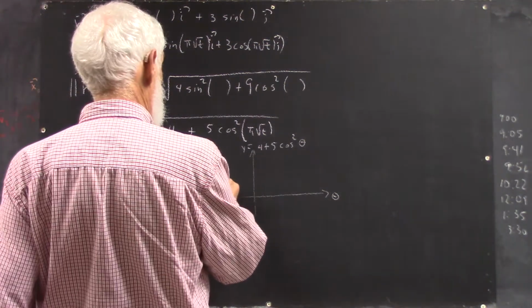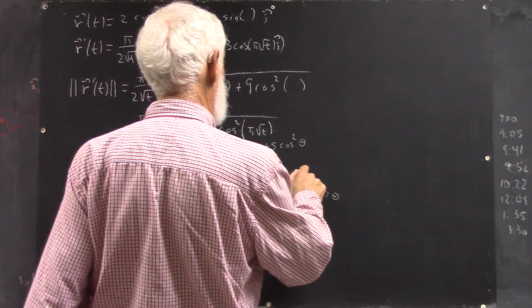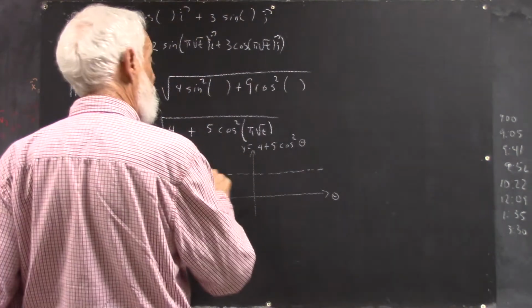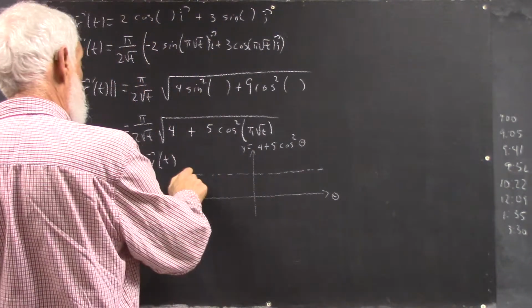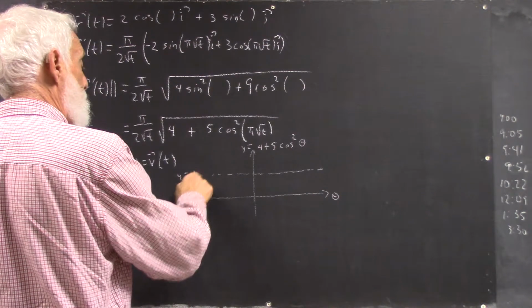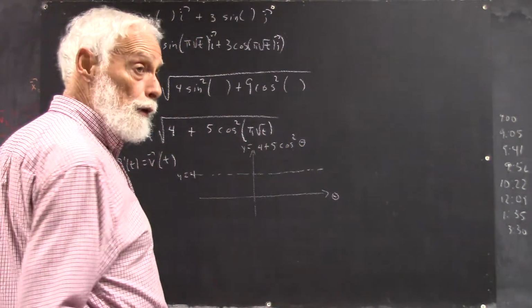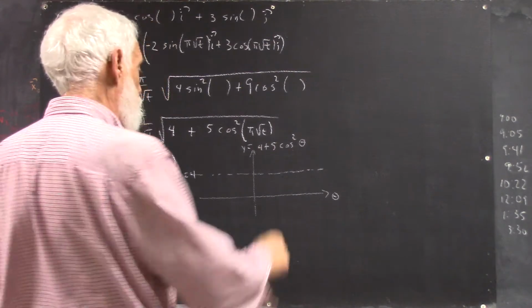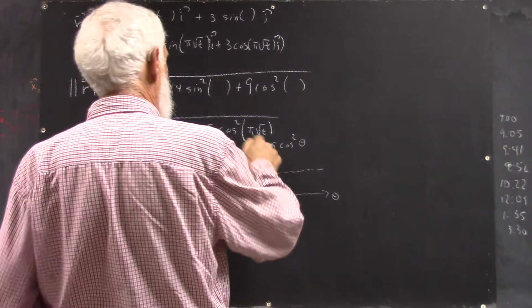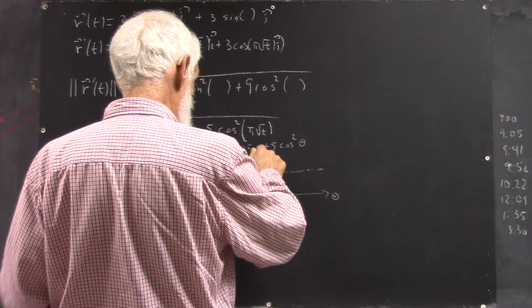Okay, so you have an axis here where y equals 4. The cosine of 0 is 1, so you'll be up here at 9. Of course, I didn't leave myself enough room. I should have drawn that a little lower.